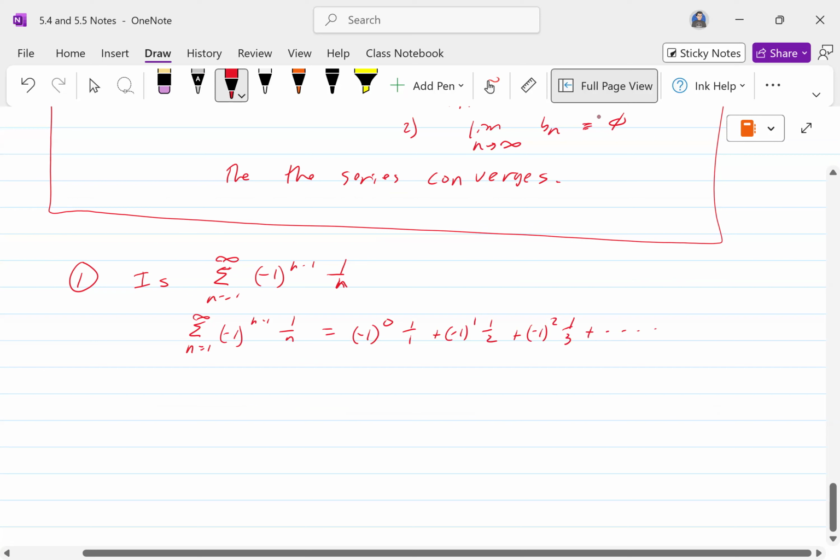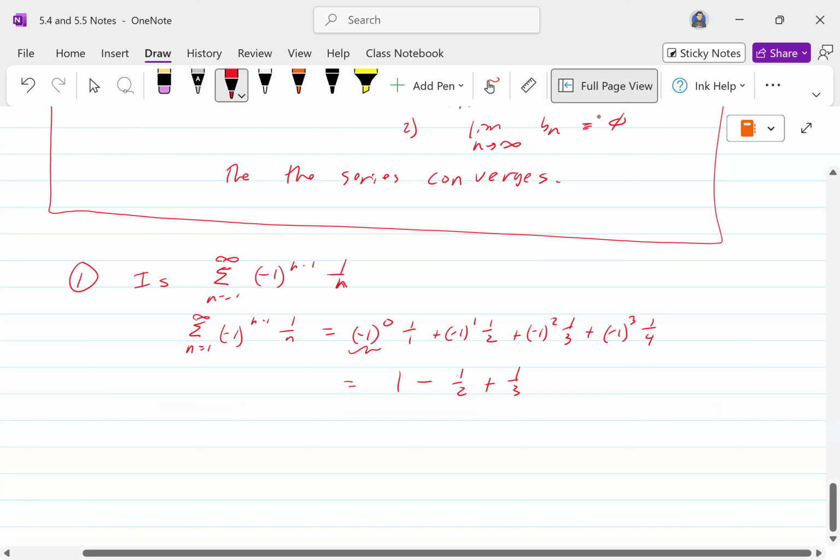Now the even powers are all going to give positive values of negative 1, so this is just going to become 1. All the odd powers are going to be negative, so it would be 1 minus 1 half plus 1/3. The next term would be negative 1 to the third, and then 1 over 4.